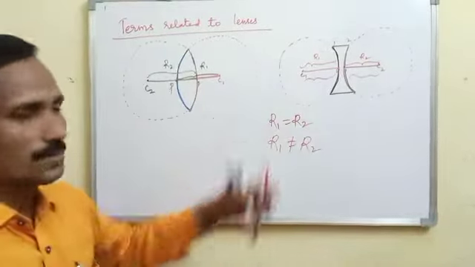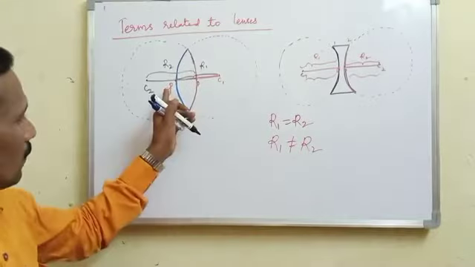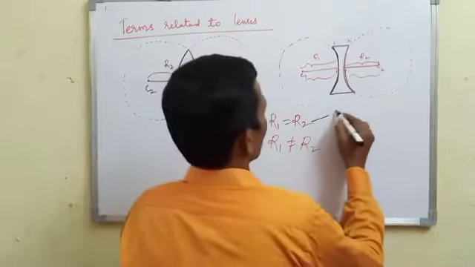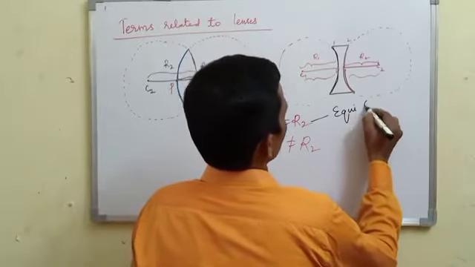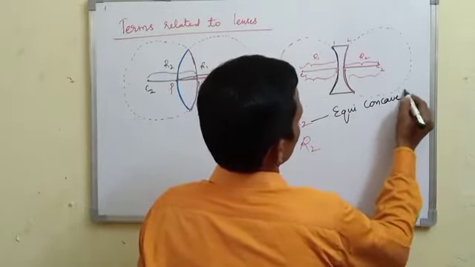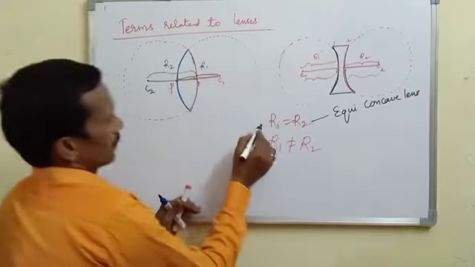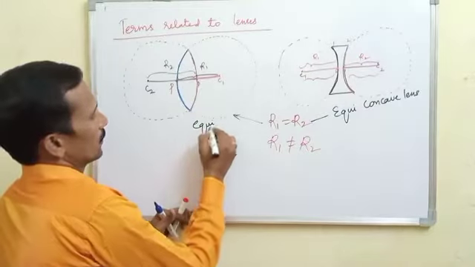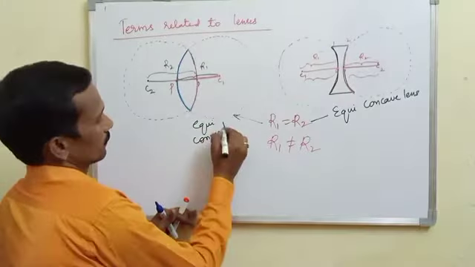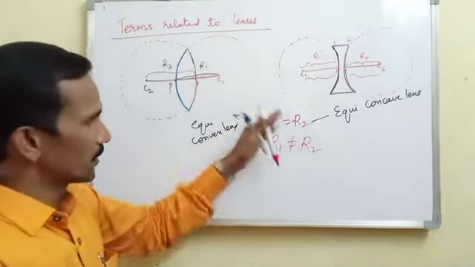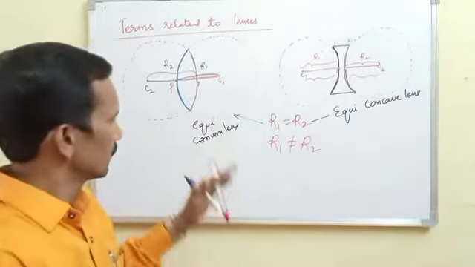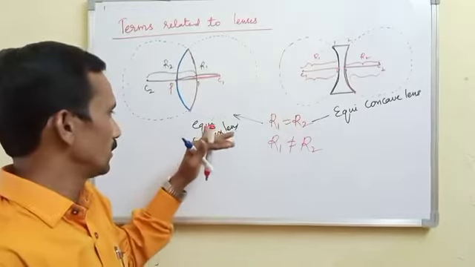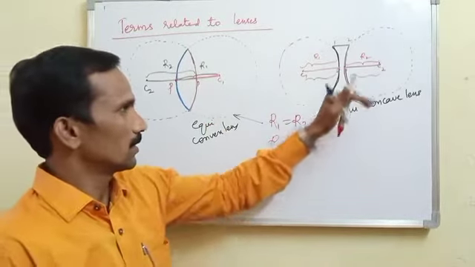If R1 is equal to R2, if both radii of curvature are equal, in the case of a convex lens it is called an equiconvex lens, and in the case of a concave lens it is called an equiconcave lens.